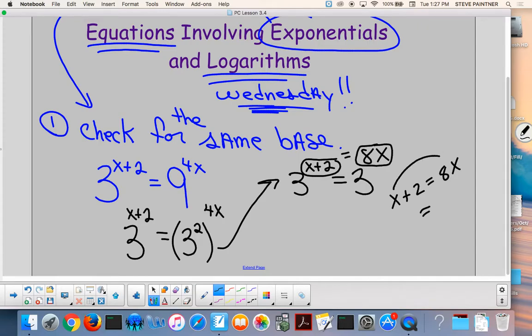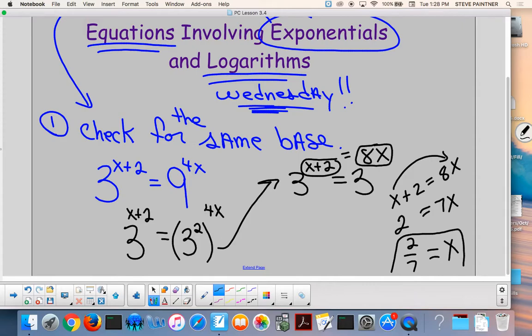You probably move the x over, right? 2 equals 7x. Now what? Divide by 7. The answer is 2/7. Bingo. You got it.